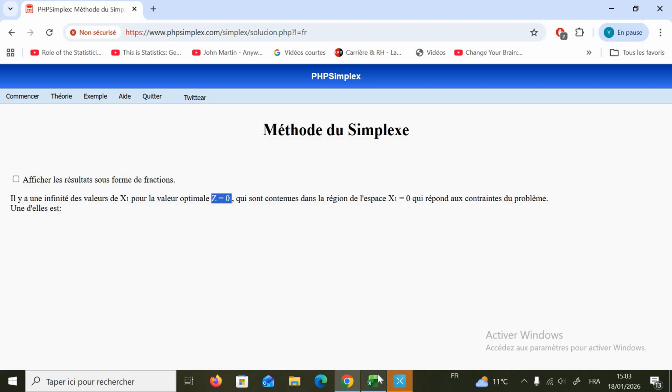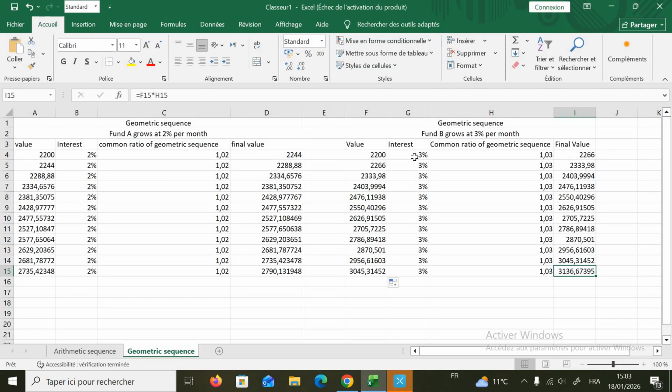It is obvious that, without any other constraints, we should invest our first value, which is 2,200, in Fund B, where it grows at 3% per month.